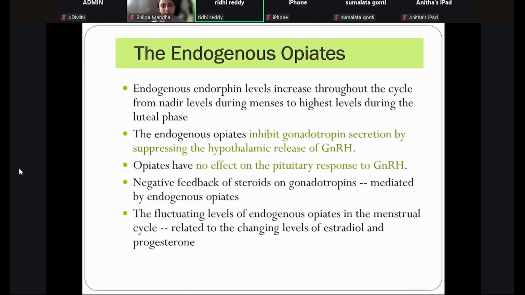Opiates also inhibit gonadotropin secretion by suppressing the hypothalamic release of GnRH. As such, they have no effect on the pituitary response to GnRH. So they directly inhibit the hypothalamic GnRH.